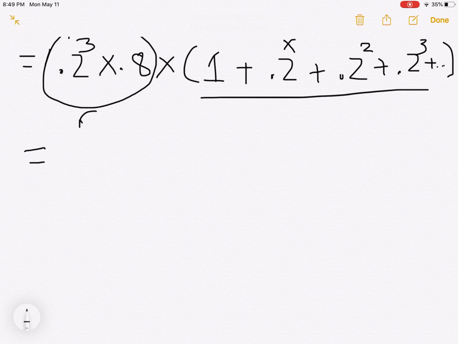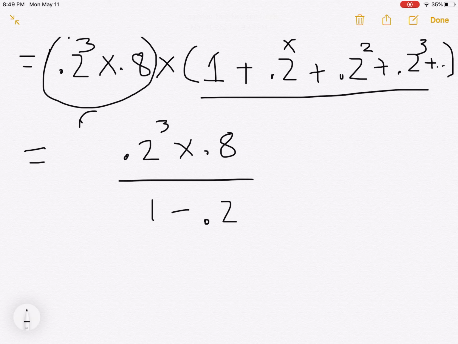And when we use this, it is going to be 0.2 cubed times 0.8 divided by 1 minus 0.2. And of course, this is going to cancel with the 0.8, and we're going to get 0.2 cubed. Okay, that's the probability.